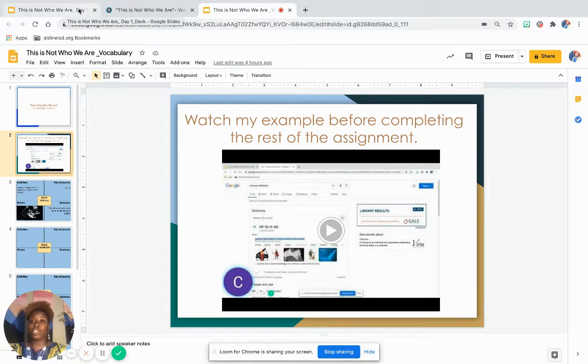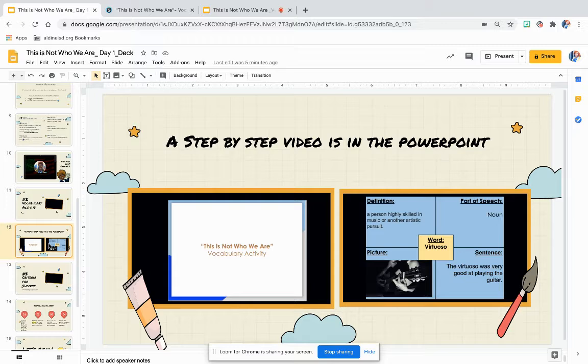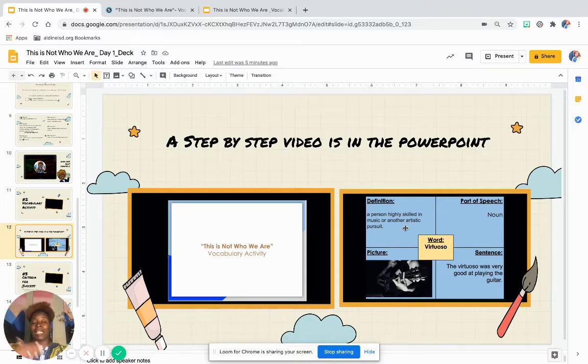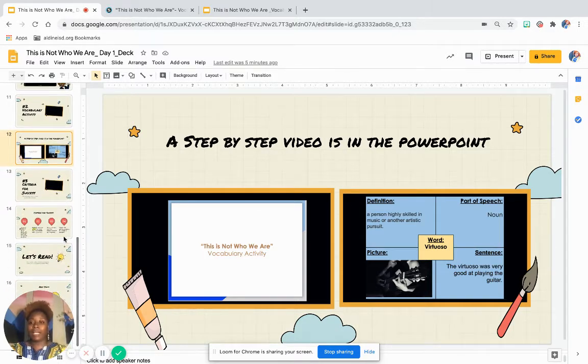Okay, so it walks you through what you need to know to complete the activity. But just to give you a short little preview of it, it is a word board that you're going to complete. And like I said, it does give you a step-by-step guide on how to do that in the PowerPoint.